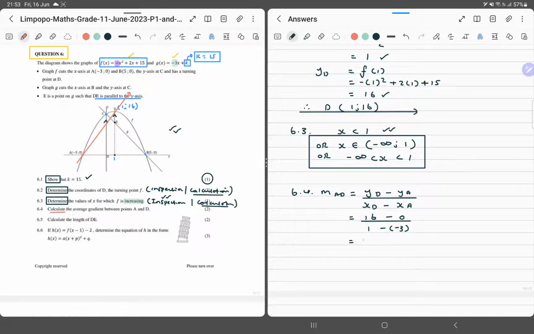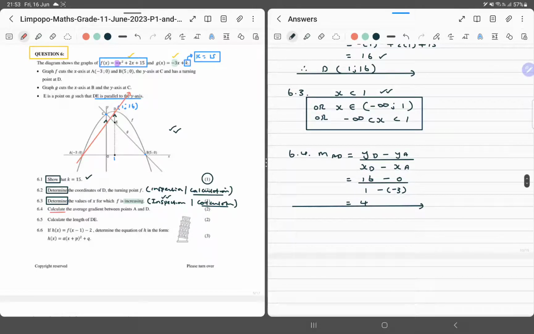This is basically 16 divided by 4, which is 4. So we did expect a positive gradient, and it's fairly steep, so it's good. Here, correct substitution and answer is your friend.